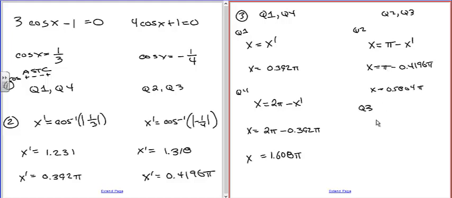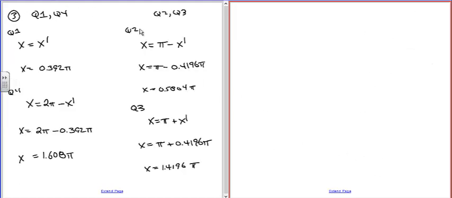And my third quadrant solution is pi plus my reference angle, so that's pi plus 0.4196 pi. Well, that one's the easy one. It's 1.4196 pi. 1 plus 0.4196 is 1.4196. Okay, so those are my solutions between 0 and 2 pi, these three.